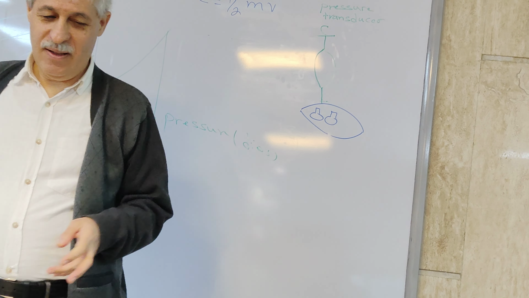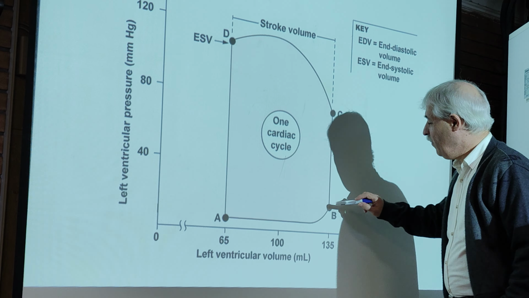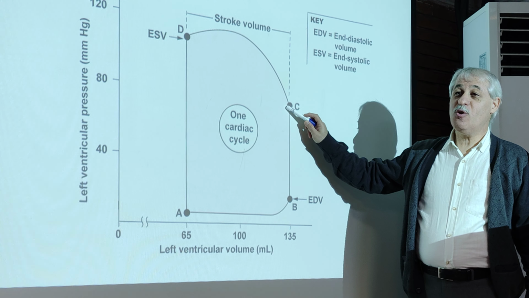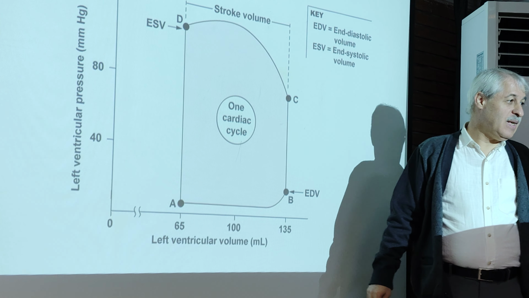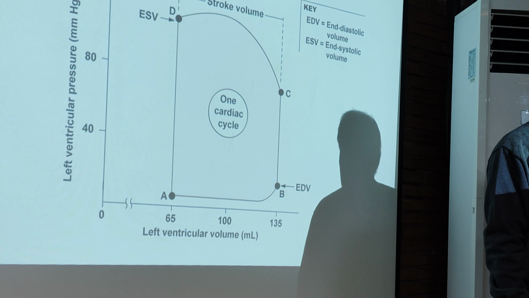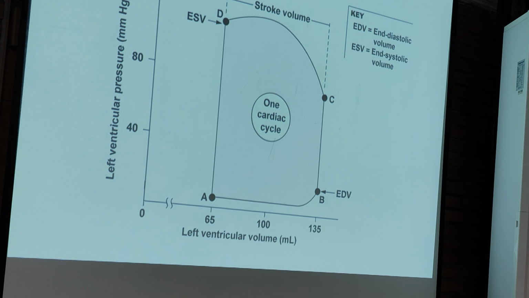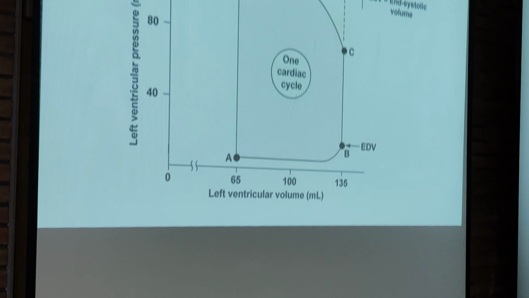See on this figure, here we have isometric contraction. The cardiac myocytes don't change their length, but the pressure or the tension inside them will be increased.